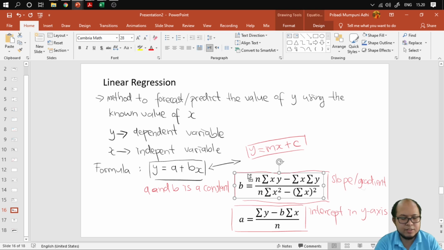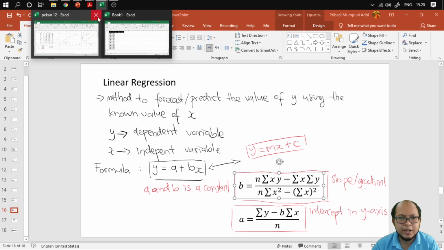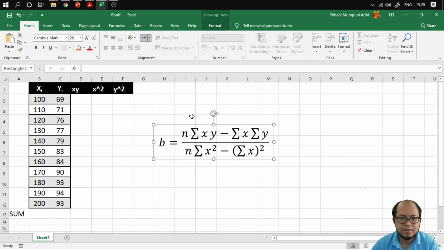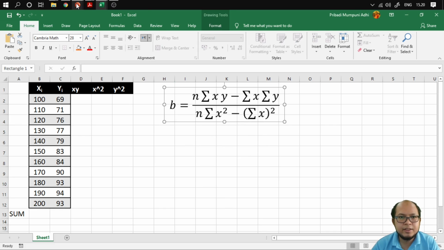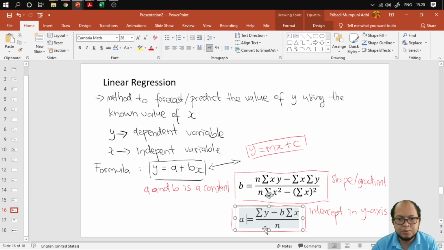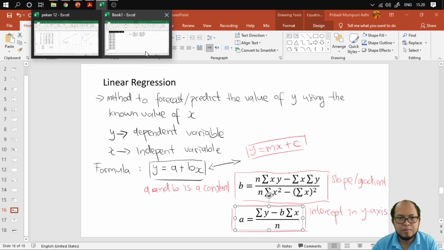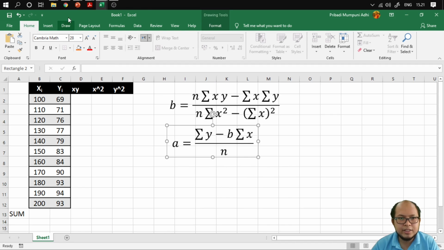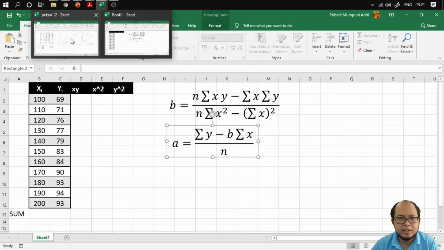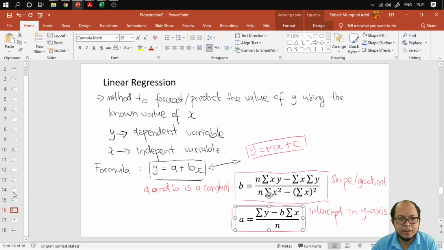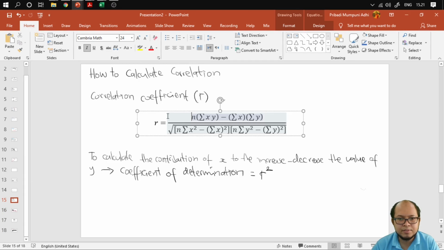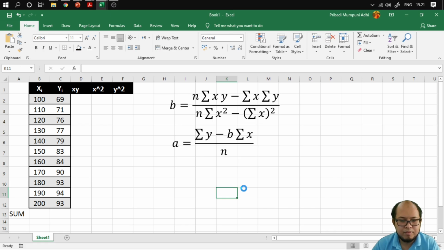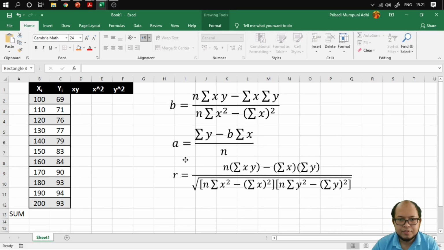So I will copy this value to the Excel file, and another one is the A value. And another one is the R, or the correlation. The correlation we will have from this equation. Okay.